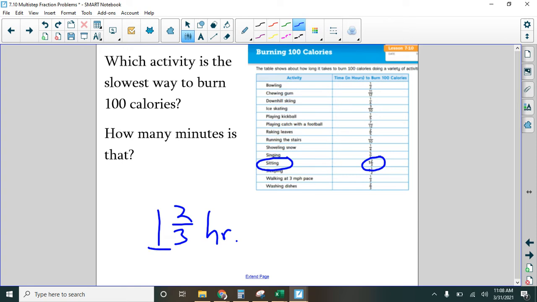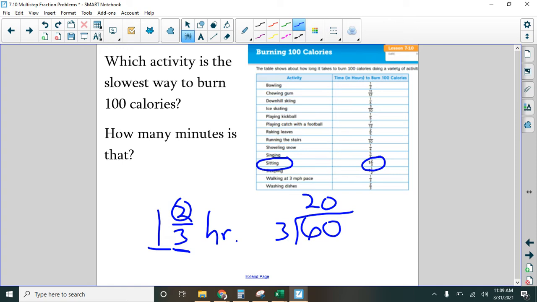So 1 2/3, well, I know 1 hour. For the 2/3 of an hour, I think, okay, 60 minutes, how much would 2/3 of that be? If I split this into 3 equal parts, I would divide and get 20. Now I need 2 of those parts, 2 of those 20s.